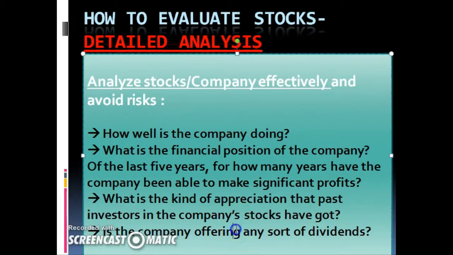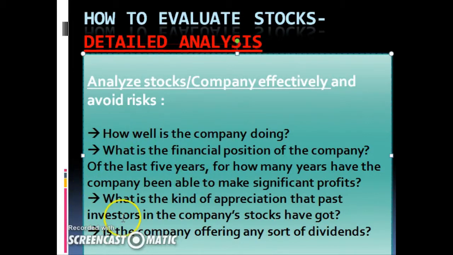And the last very important point is whether the company is offering any sort of dividend. Yes, if the company is offering or not, that's again one of the very important points. So these are the basic and most important checkpoints that you must analyze before going to any company or making any perception about a particular company.